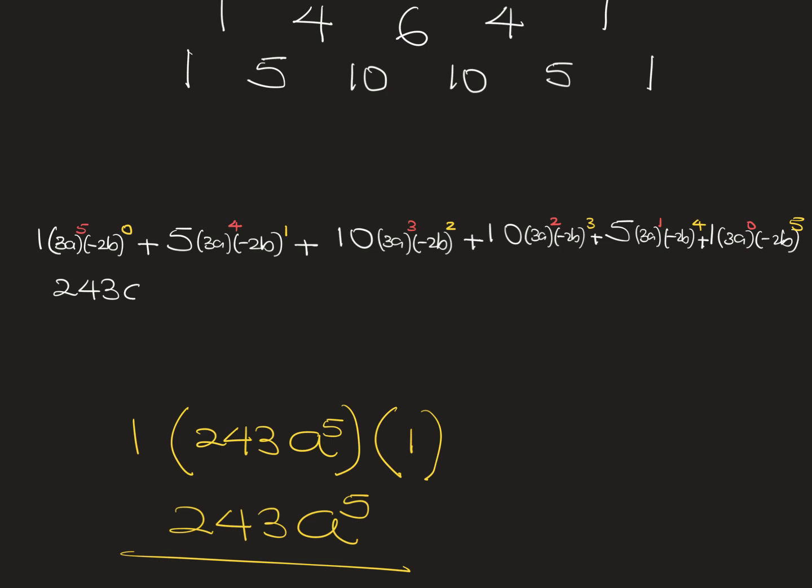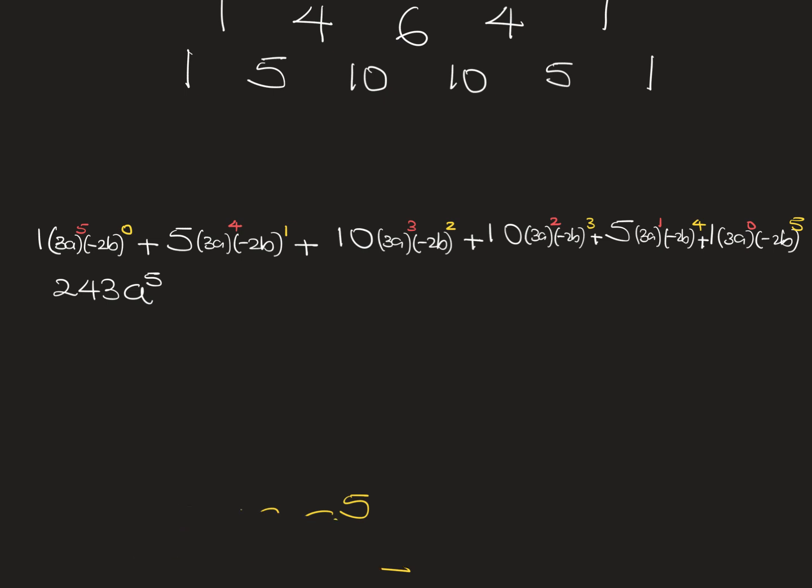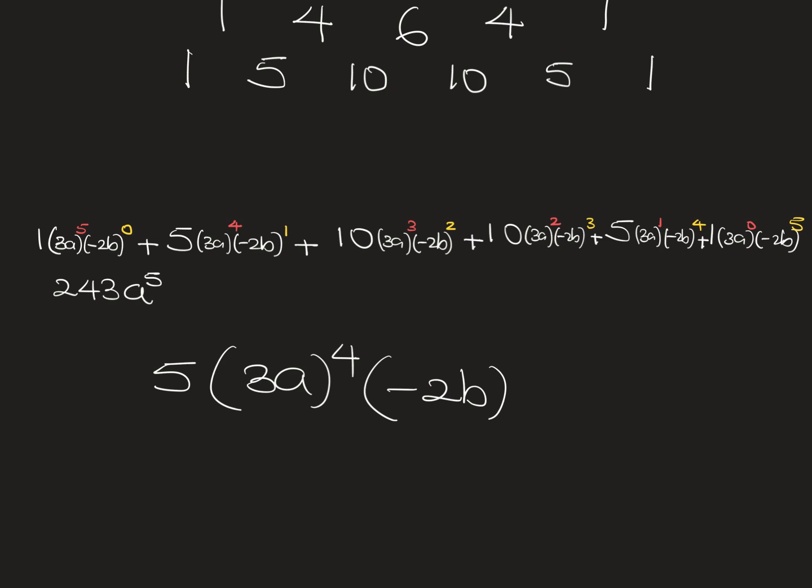243 a to the power 5. Okay? So for this expression, 5 into 3a to the power 4 into minus 2b to the power 1, that will be 5 into 3 to the power 4 is 81, and a to the power 4 is just a to the power 4.